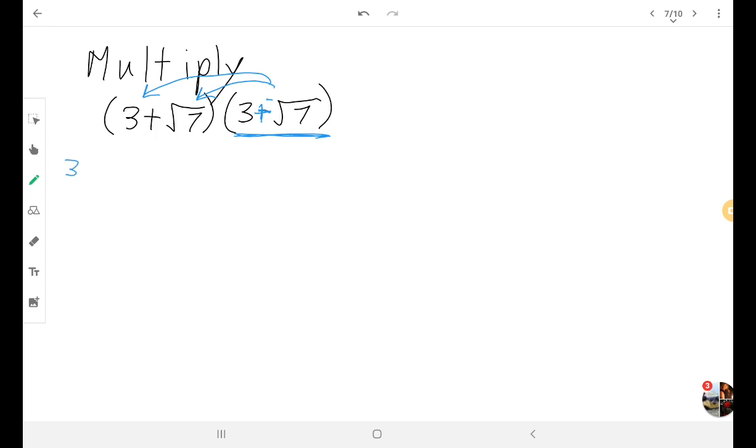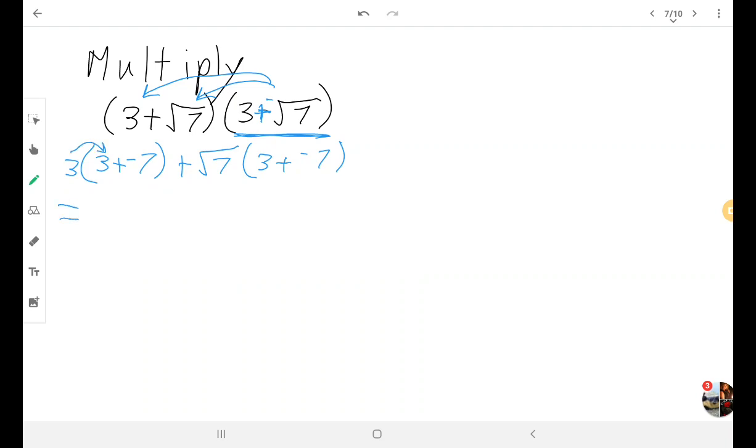And so I will have that first 3, that's that 3 right there, times the 3, oops, let me write that 3 better, the 3 plus negative square root of 7, plus the square root of 7 right there times that 3 plus negative square root of 7 again. So I've just distributed that thing on the end.